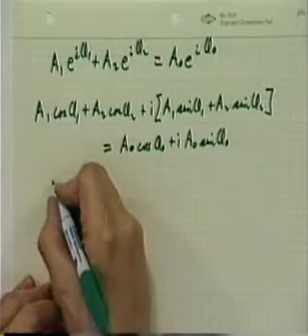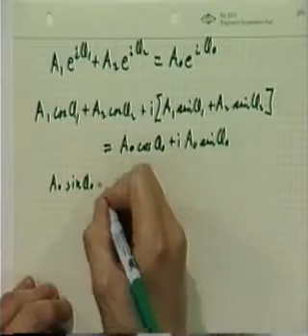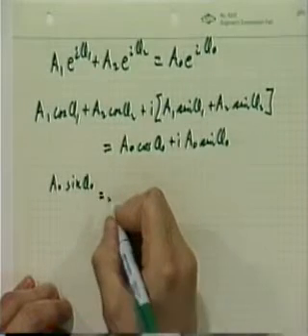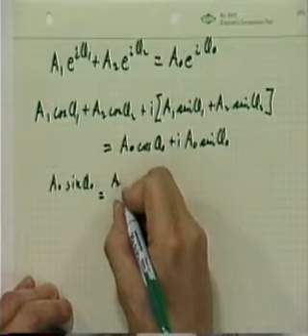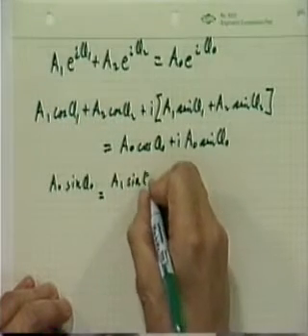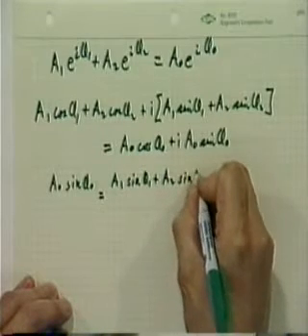So we have A naught sine phi naught is equal to A1 sine phi 1 plus A2 sine phi 2.